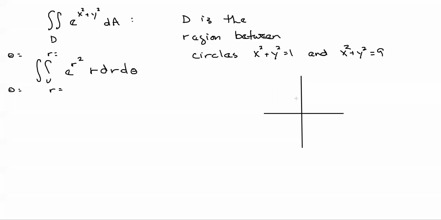And what does the object look like? So it's the region between circles. So here's a circle. Here's another circle. Right, these are not going to be to scale. But we're going to say that the inner radius is 1, and the outer radius here is 3.